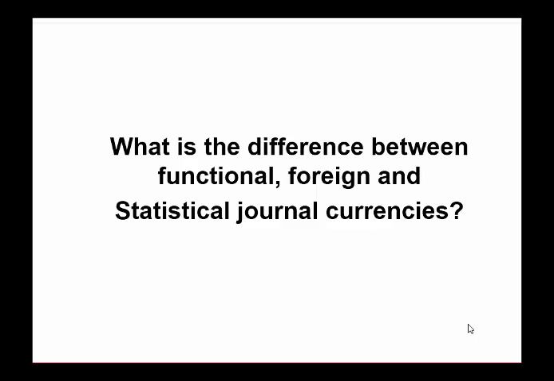So for example, if you are a tourist company and you want to find out how many people have visited, then instead of reporting the actual value of the packages that they bought from you, you may want to report a statistical currency to show the number of people that have visited a specific region and so on. This just shows you how flexible and how complex the system is. It takes into account so many different things.